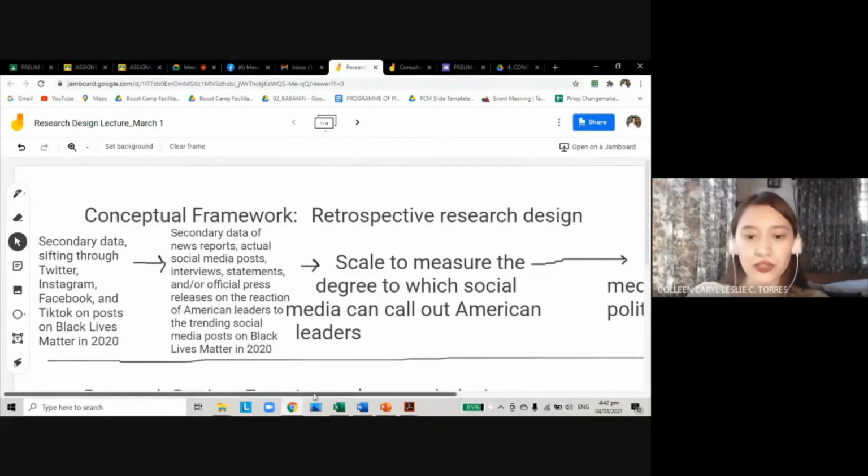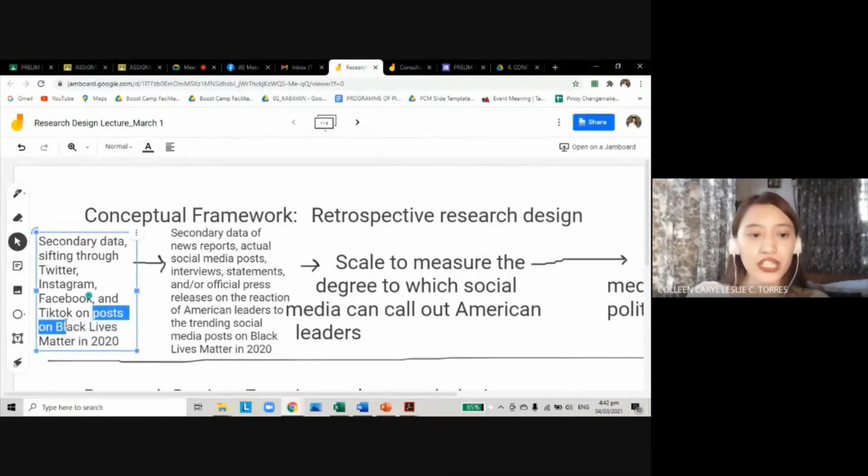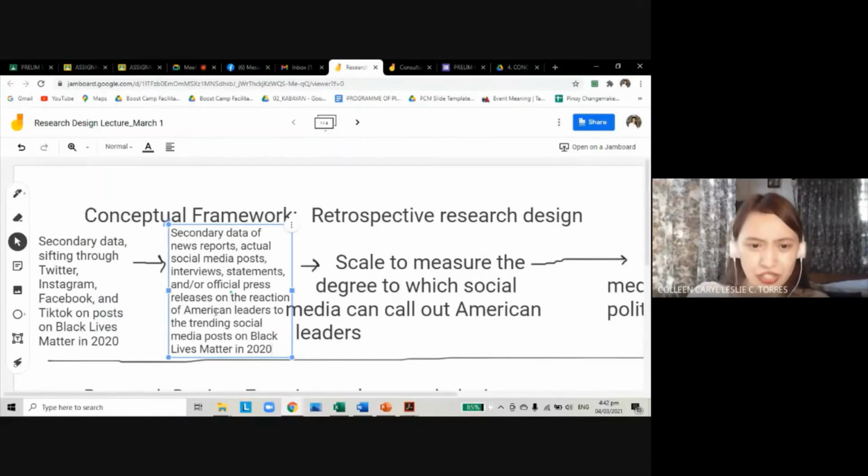So in this social media example, the independent variable is the social media post. It is the independent variable because it is the cause of the effect. The cause is, we are trying to determine the extent to which social media can have an effect on politicians' actions.